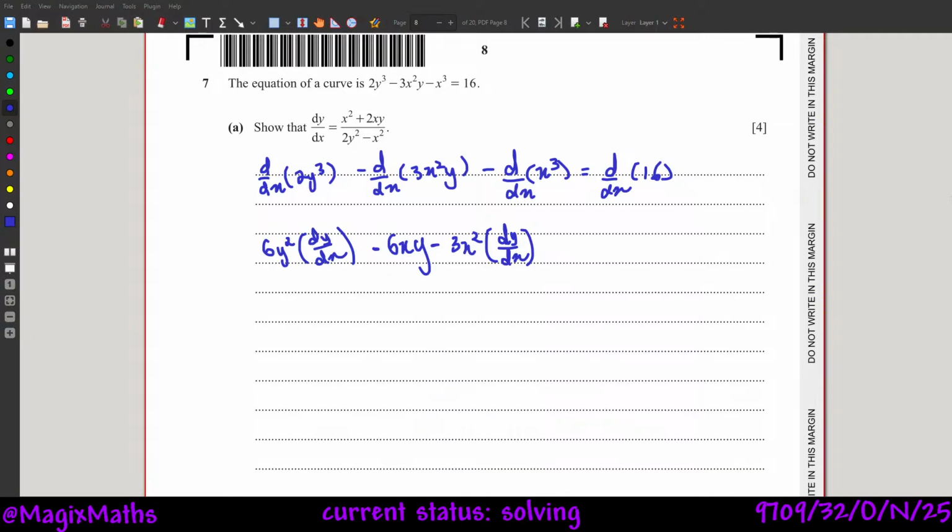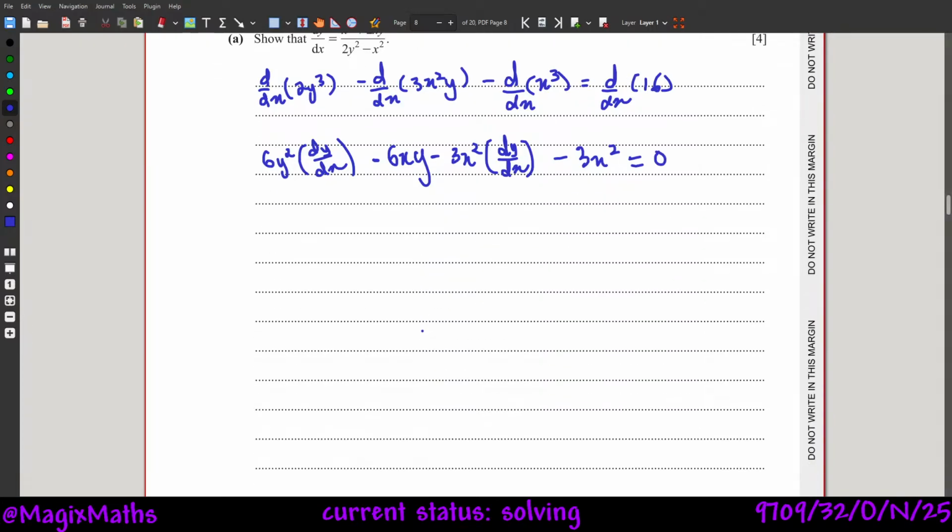Should it be, yeah, I think that should be correct. And then minus 3x squared equals 0. Then we will isolate the dy/dx.